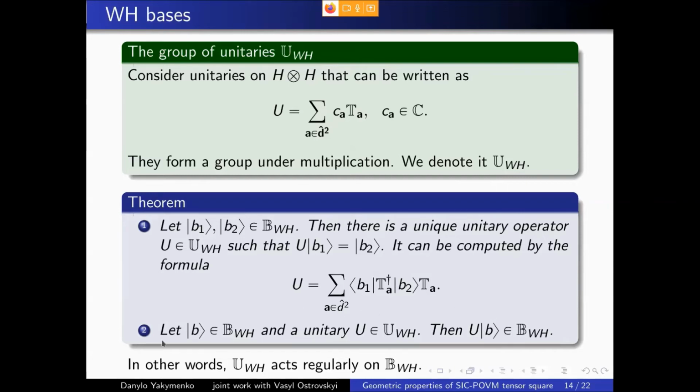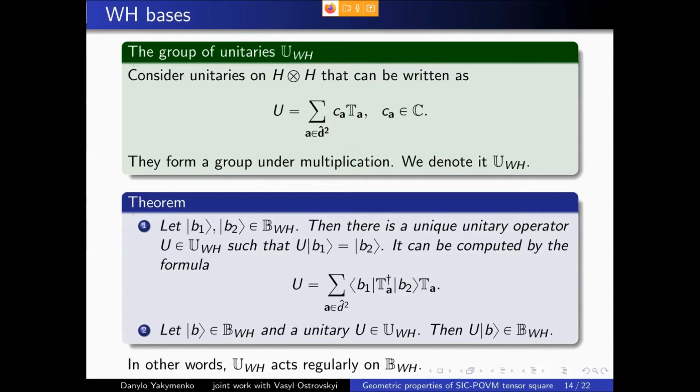On the other hand, once we have a fiducial basis vector and some unitary from this group, then the image is always a fiducial basis vector too, right? In other words, it's what's called that this group acts regularly on this set.